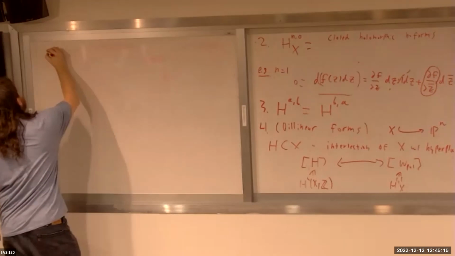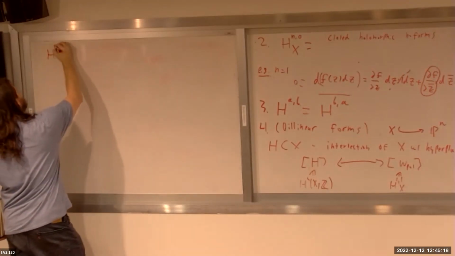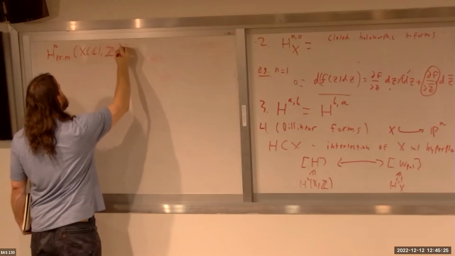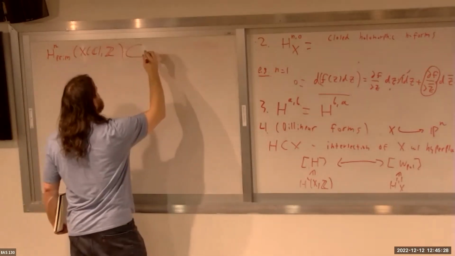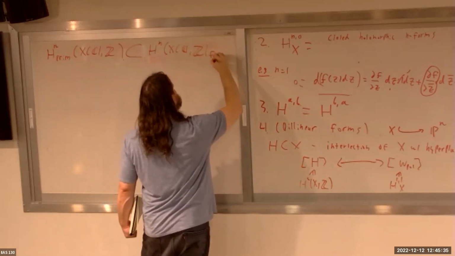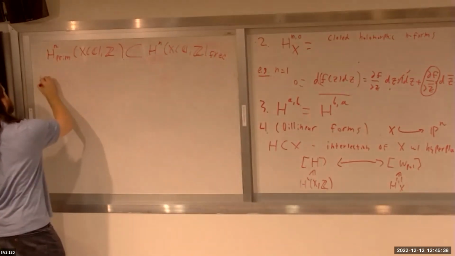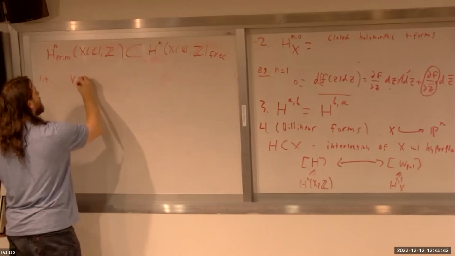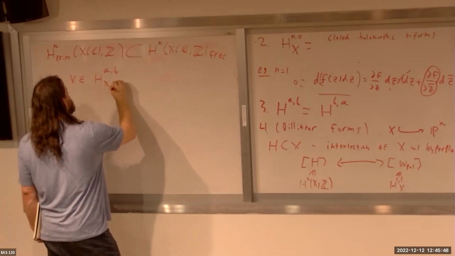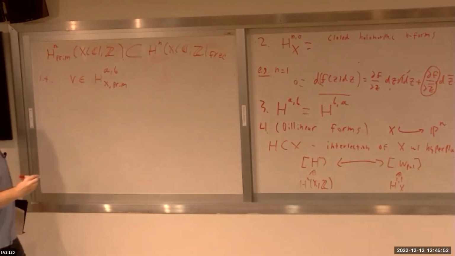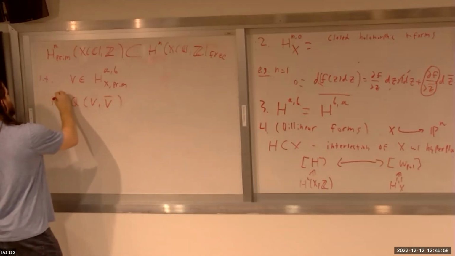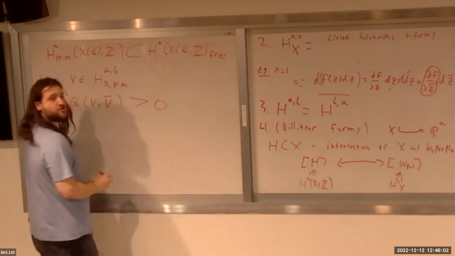And now what I can do, and I don't want to spend a lot of time on this, so I won't, but I can find a piece, well, I guess C, Z or C, doesn't matter, of the cohomology, a natural piece here, such that if I take V inside H of AB X primitive, so which lands inside this guy, then Q of V with its conjugate, I to the power of A minus D, is bigger than 0.